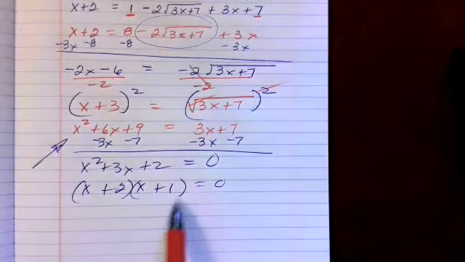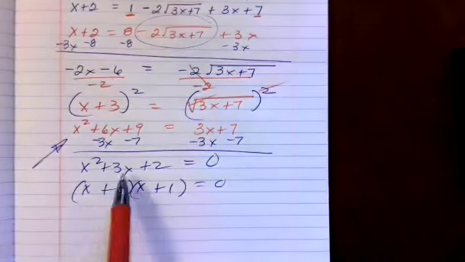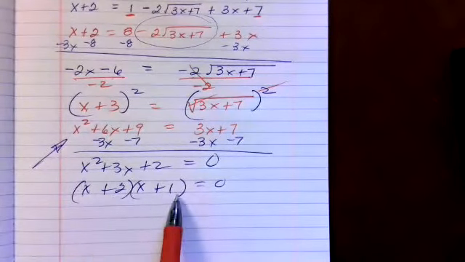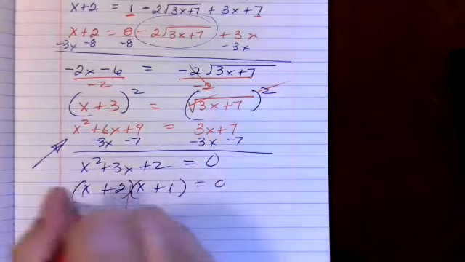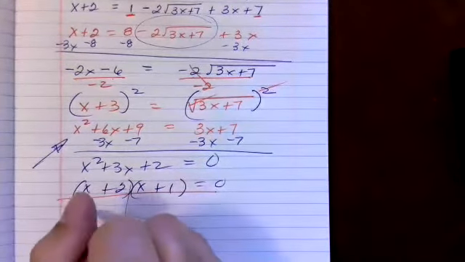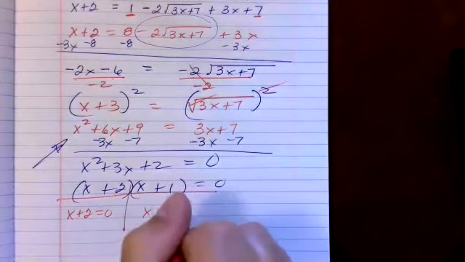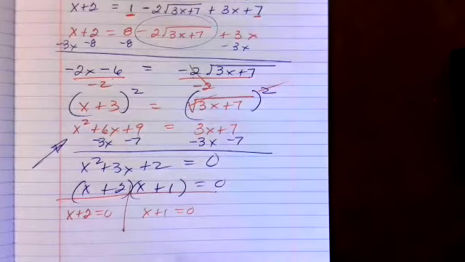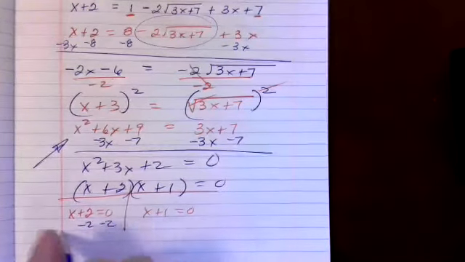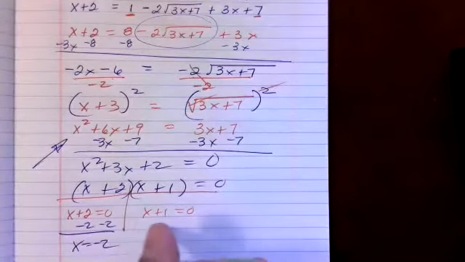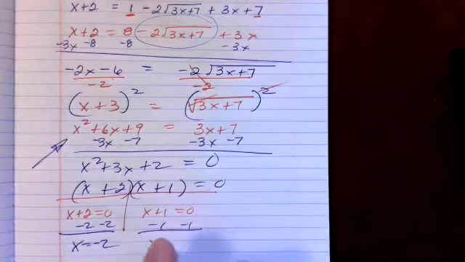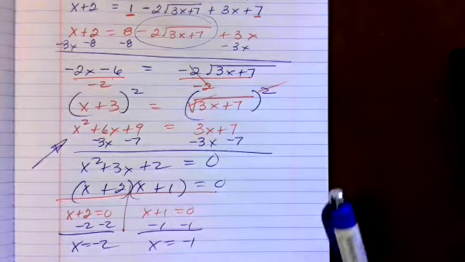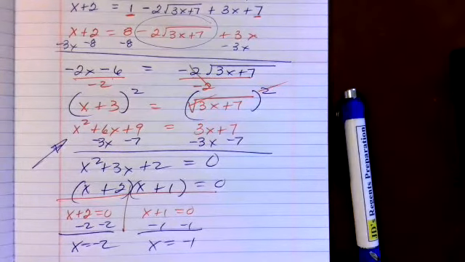My inners and my outers give me my 3x. And 2 times 1 is 2, so that's good. I set each factor that contains a variable equal to 0. And then I solve. So I have x is equal to -2 and x is equal to -1.